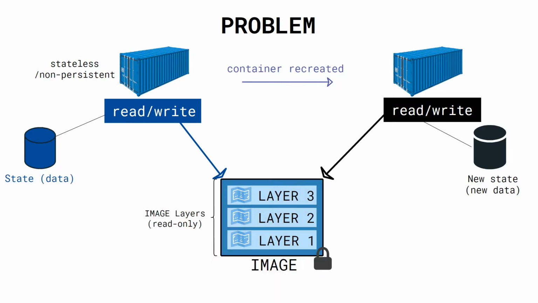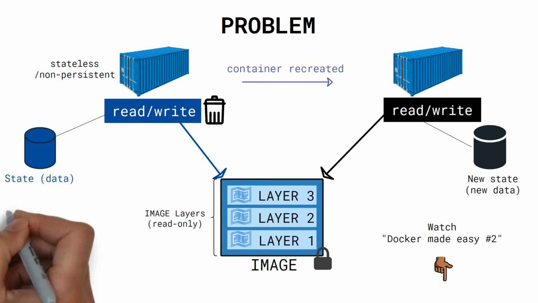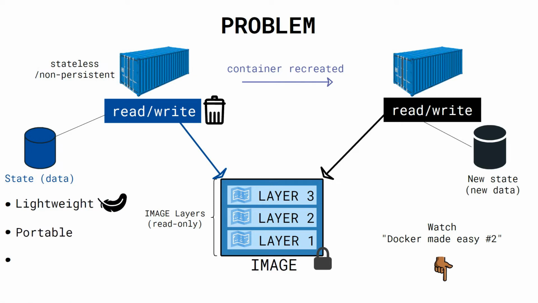And this read-write layer is removed when the container is removed. The details of how images work is further discussed in the second video. This stateless property of a container makes it super lightweight and portable and lets us scale them at will without having to worry much about their underlying storage.